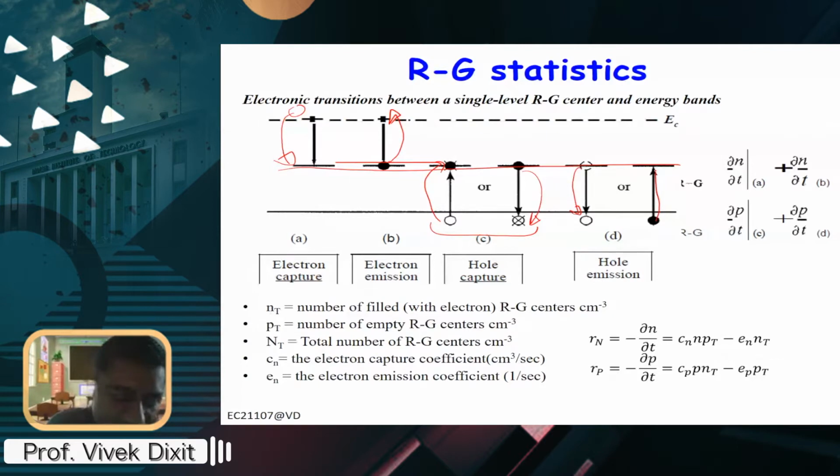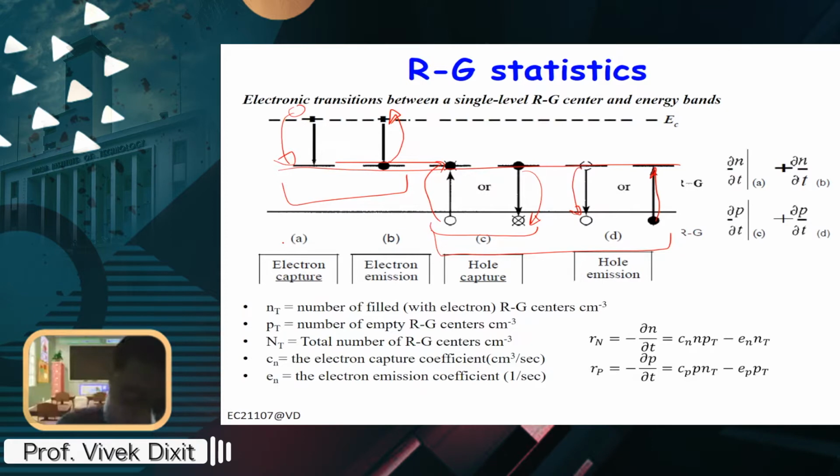So now we have two processes, one governing the electron concentration in the conduction band, and the other governing the hole concentration in the valence band. The first process we call A, that is electron capture, and B is electron emission. So dN by dt will be the algebraic sum of these two processes.